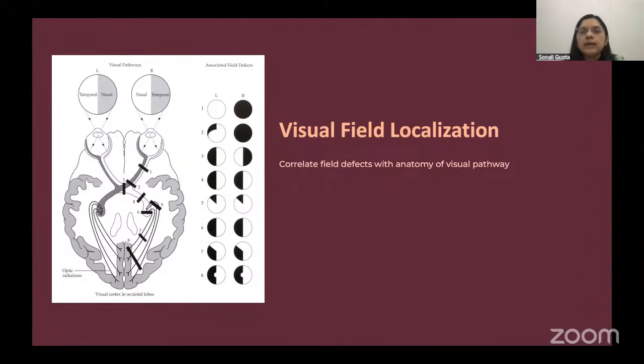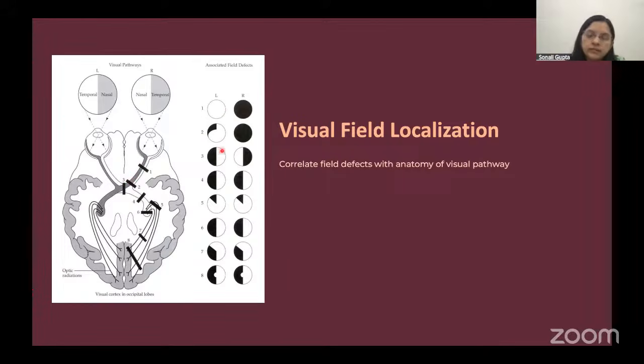So we can correlate the type of visual field defect with the basic anatomy of the visual pathway. If it is a central scotoma or a junctional scotoma, that is one eye involved completely, while the other eye only has a peripheral superior defect, it signifies the lesion could be in the optic nerve or just prechiasmal, where the von Willebrand knee comes.